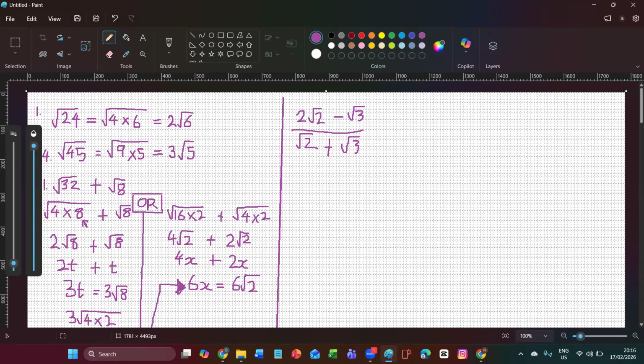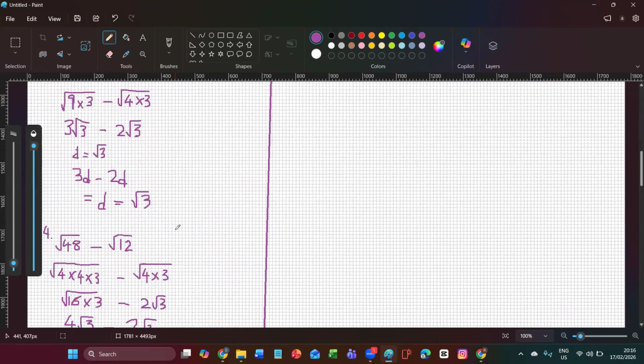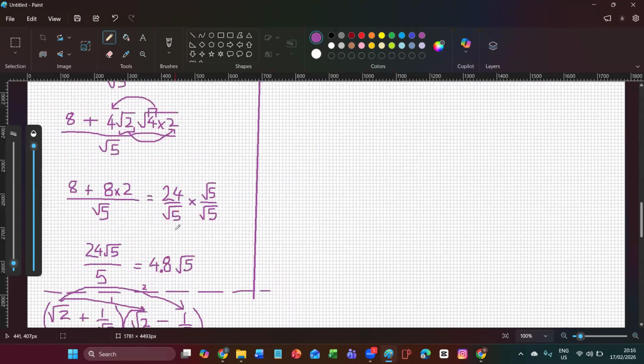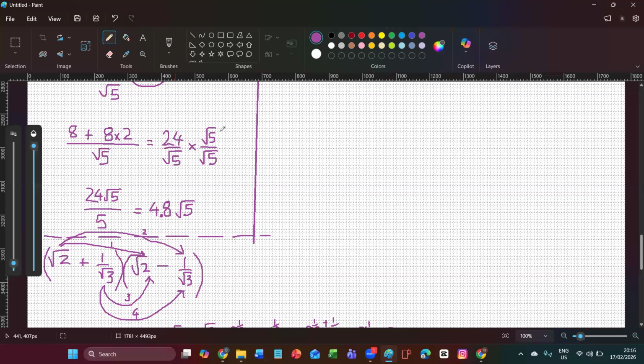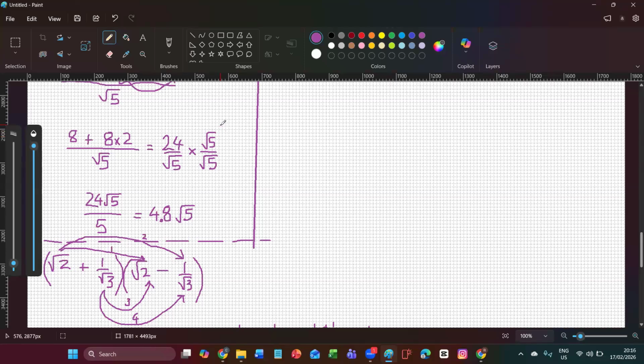Now take note. There's something I didn't mention when I was doing it, but you see this place where we had root 5. Everything that we are doing here, where I said we don't want to see a surd in the denominator, has a name. I'm going to type the name here for reference.